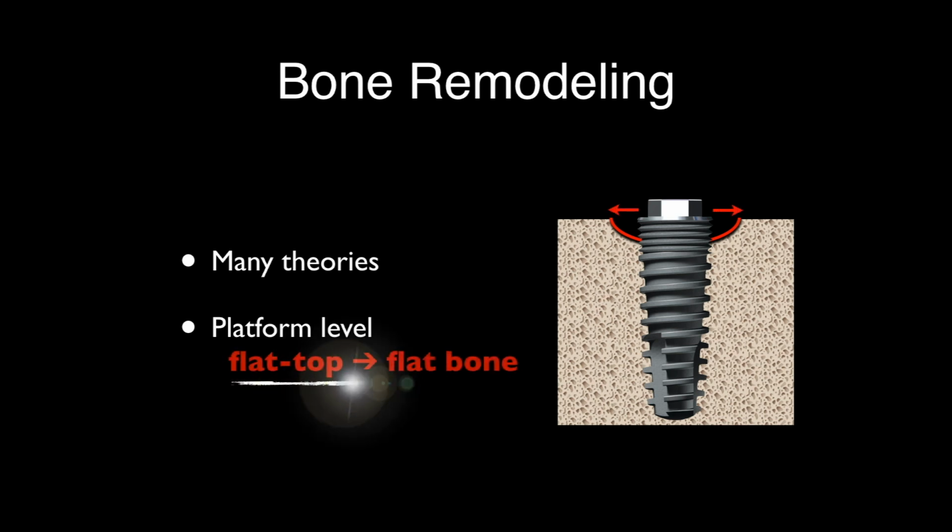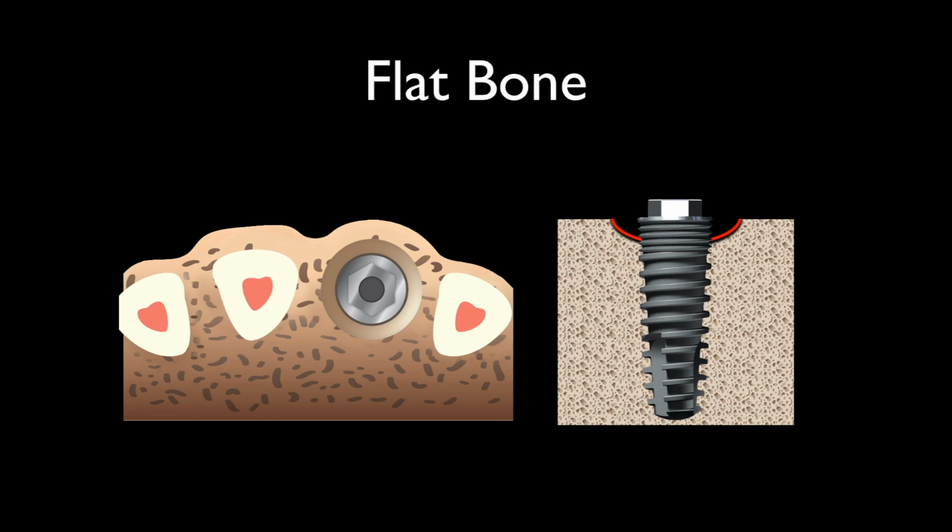Because most implant systems, if not all, have a flat top platform, bone remodeling around the implant is also flat, following the shape of the implant platform. Flat top platform implant creates flat bone architecture.